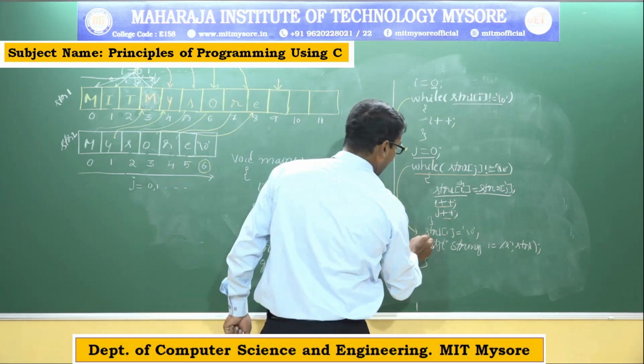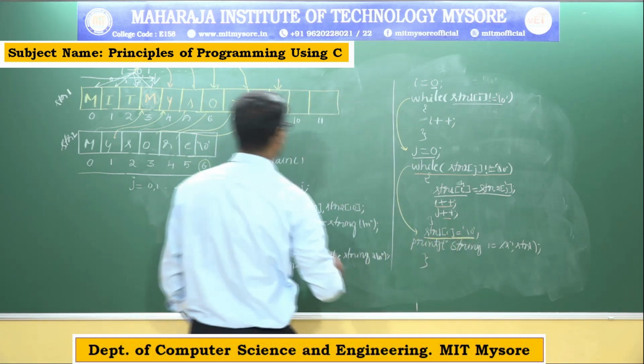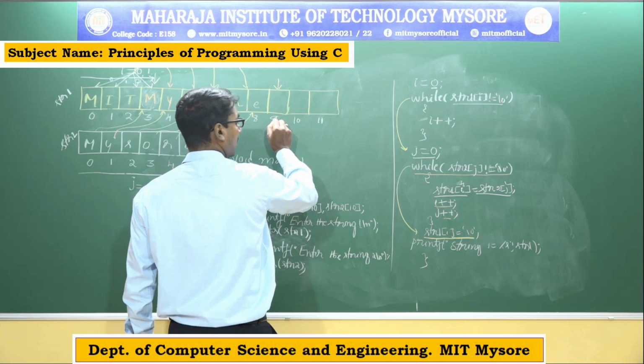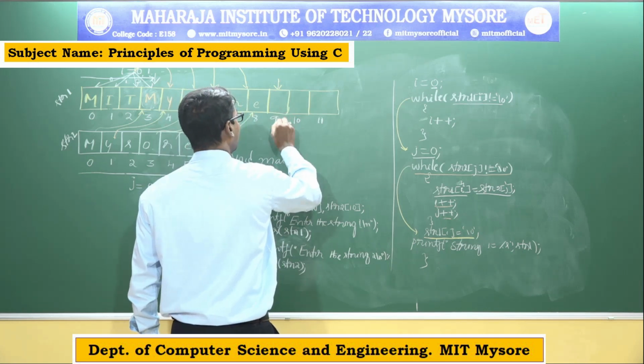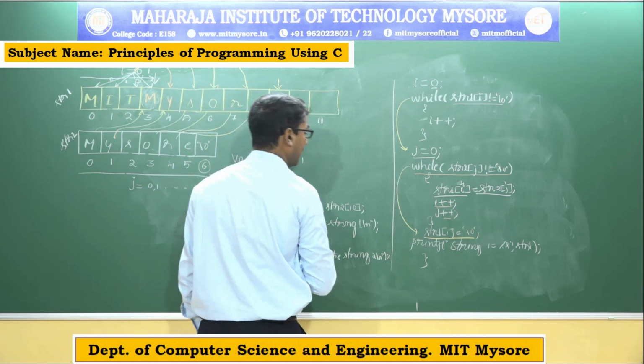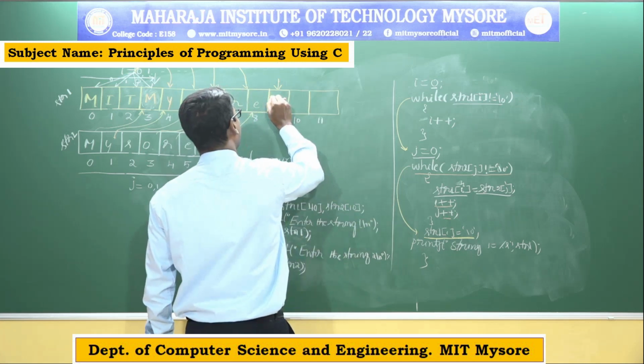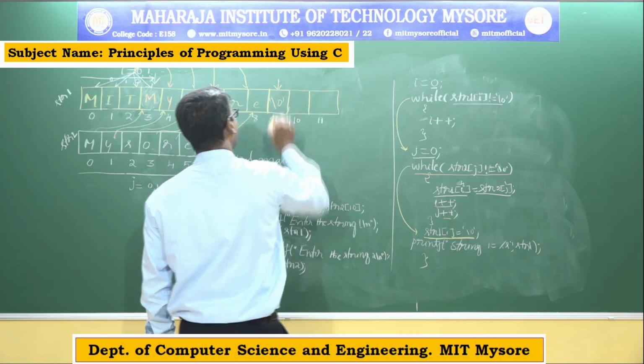Now str1 of I is equal to null. So I is 9, str1 of 9 is equal to null. So here it will copy the null character.